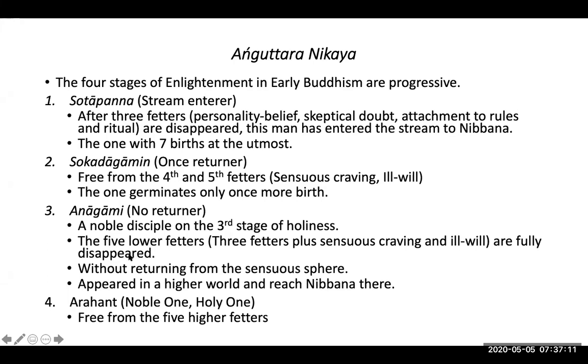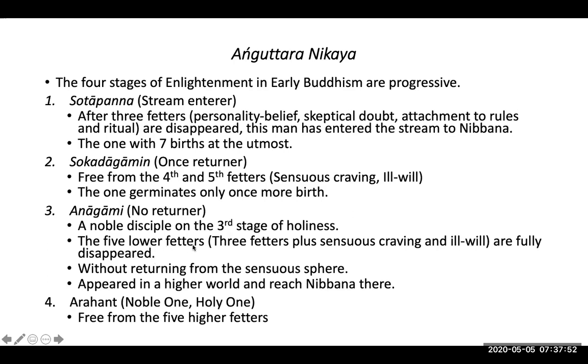Anagami does not have any of the five lower fetters, such as the three, personality belief, skeptical doubt, attachment to ritual, and also sensuous craving and ill will. These completely disappear. Even in the once returner stage, the five fetters almost disappear, but not completely. But when the stream enterer reaches Anagami, non-returner, then the five lower fetters fully disappear.